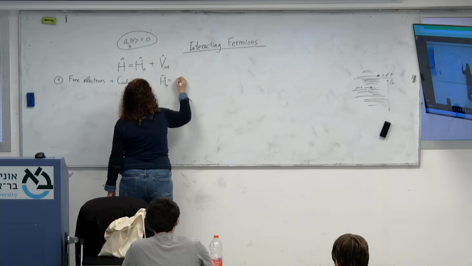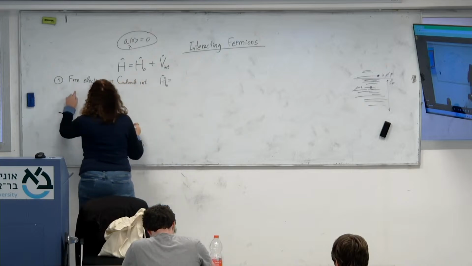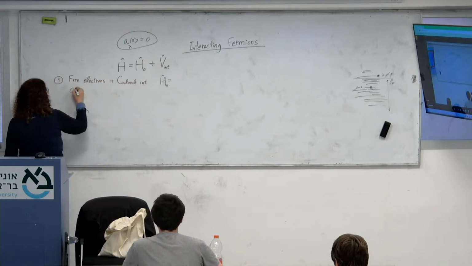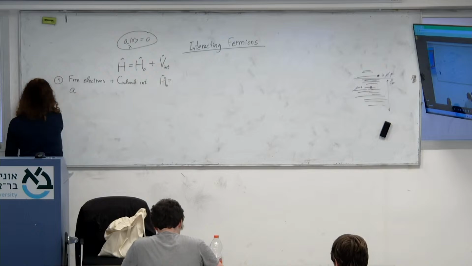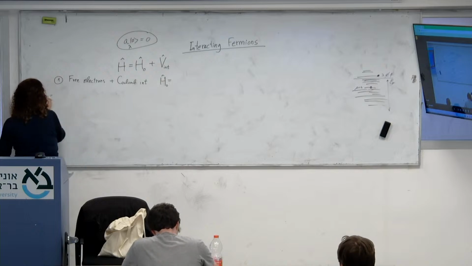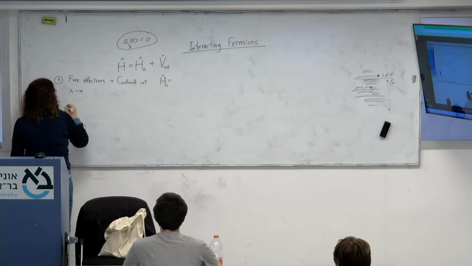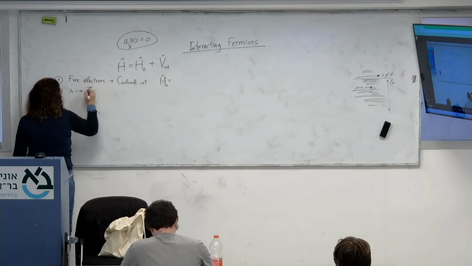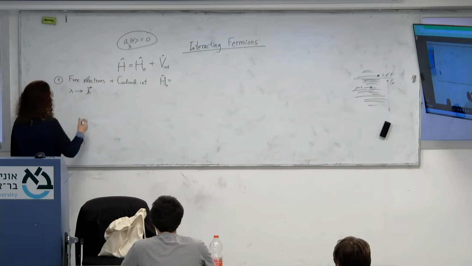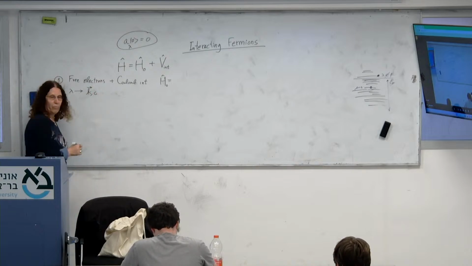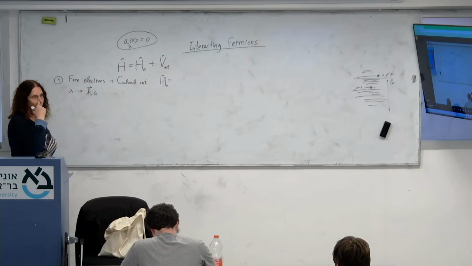Given by, so first of all, let me write down what the operators are. The quantum number lambda is going to be the wave vector k and sigma. So sigma can be up, down, or plus, minus.